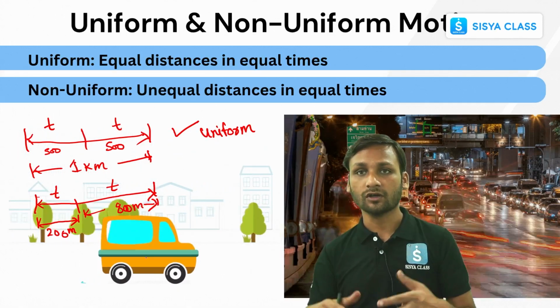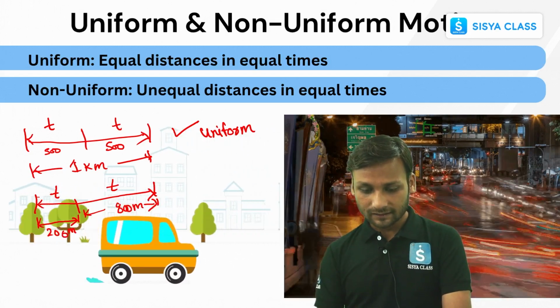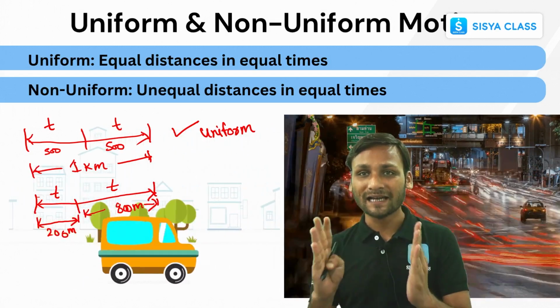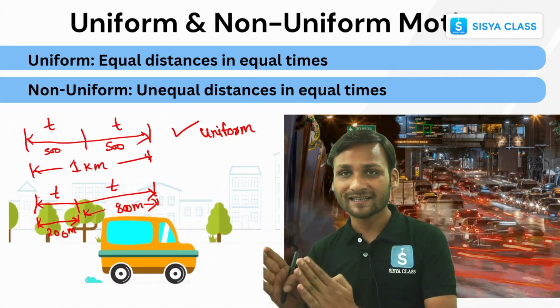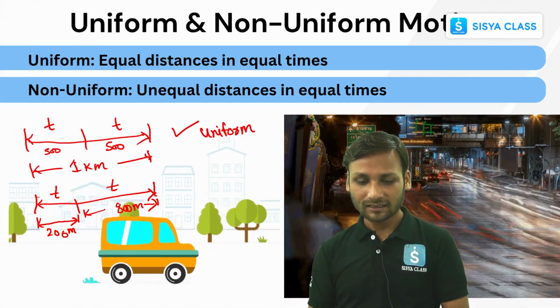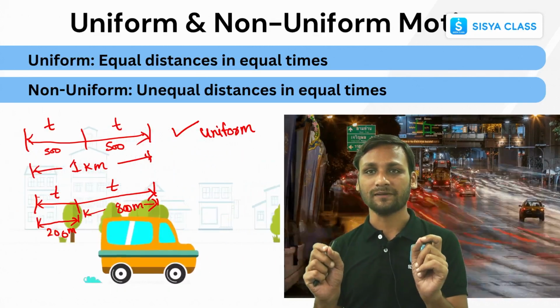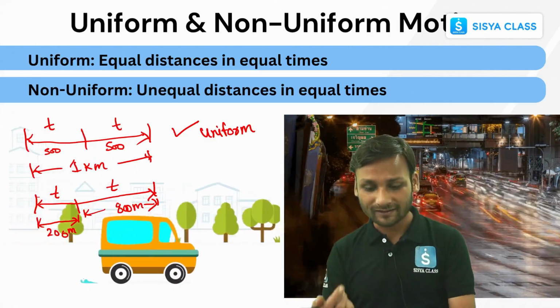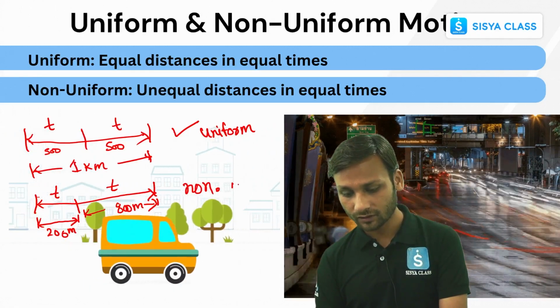Why? Because you have increased your velocity. So you have taken the same time t to cover 200 meters as well as 800 meters. Here you are covering unequal distances in equal times. That is called non-uniform motion, a type of non-uniform motion.